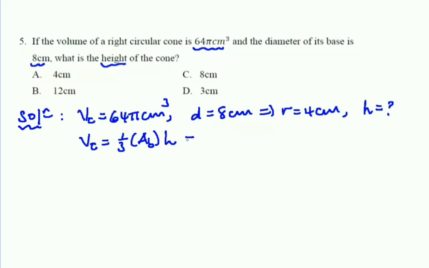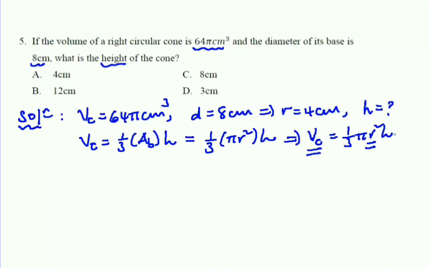But the base of a right circular cone is circular, therefore the formula becomes 1/3 pi r squared times h. So substitute everything here. We have the volume of a cone, we have the radius. The only thing which is not known is h. So let's substitute.